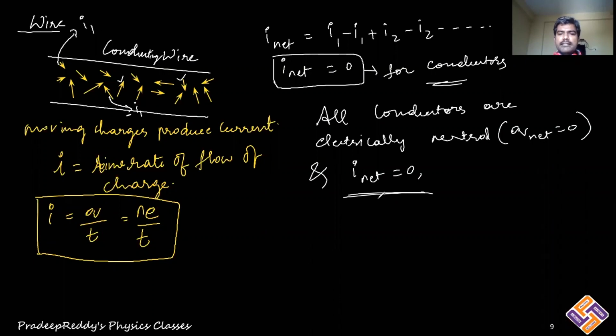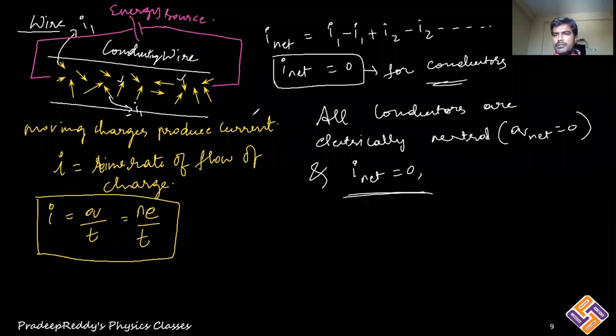Then how does current come about in a conducting wire? Now what I do, I'll take one battery and connect it to the two ends of the conductor. The battery is the source. It is an energy source.